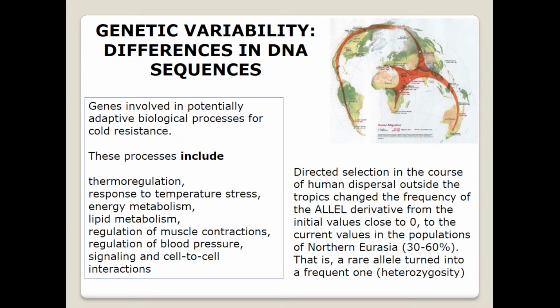And also you can see here how the human population was distributed from one place, Africa, to other places of the continent. And this means that each population has different mutations which can give maximal and positive adaptation.